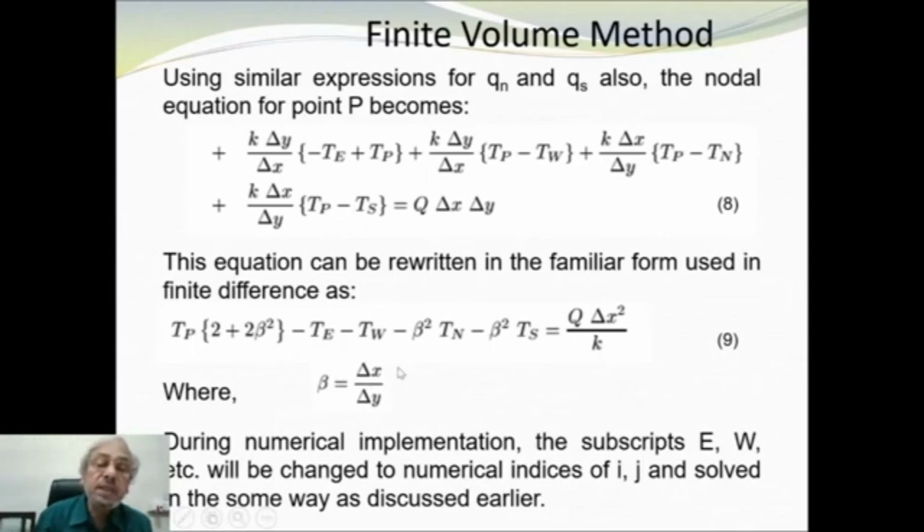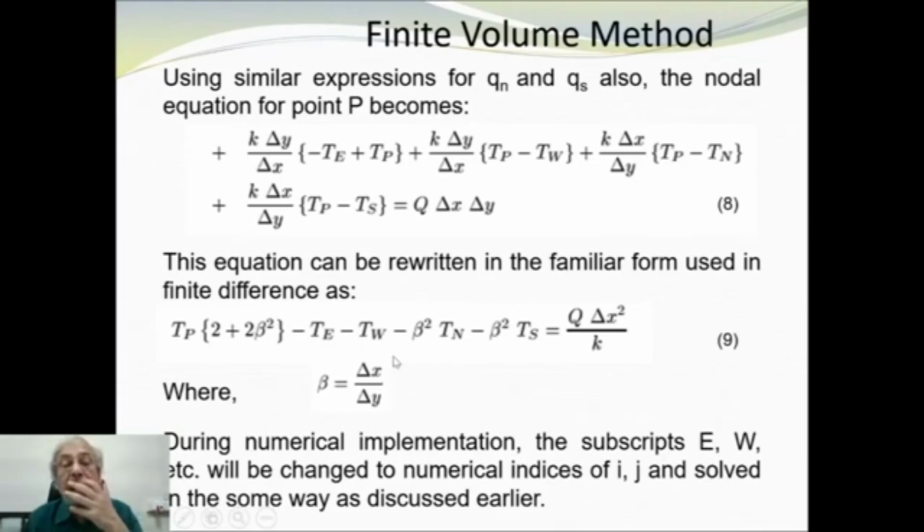Now for the aspect ratio 1 grid, where delta X and delta Y are the same, we can very easily see this equation will be 2 plus 2, that means 4, times TP, minus (TE plus TW), and again minus (TN plus TS).